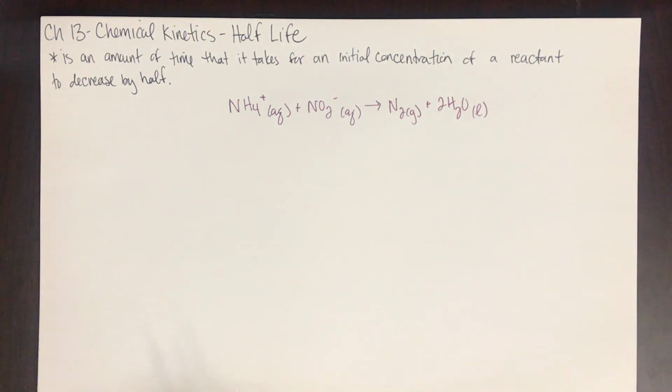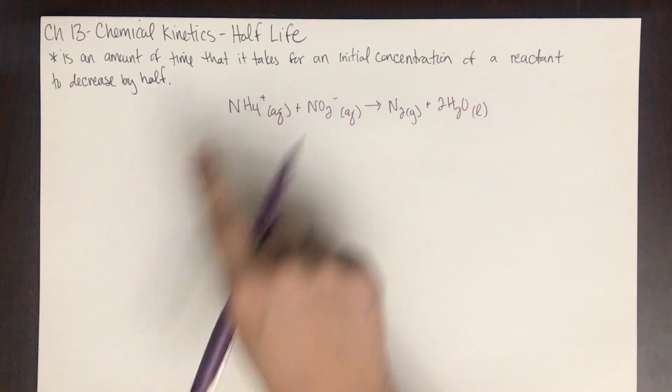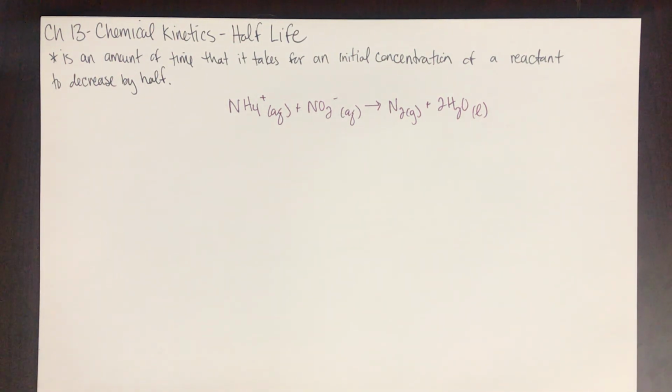It says in solution, that is 10 molar ammonium, the reaction is first order in the nitrate ion at low concentrations, and the rate constant is 3.0 times 10 to the third, 1/seconds.